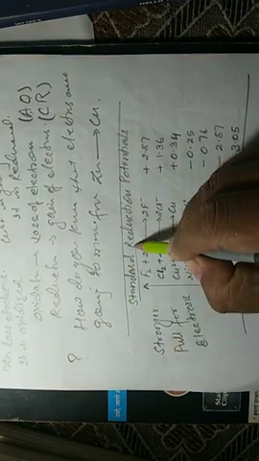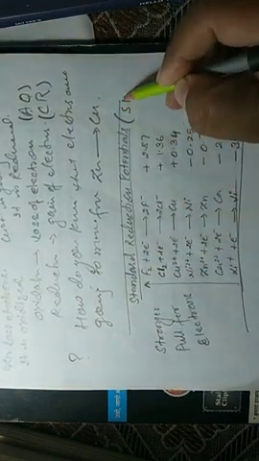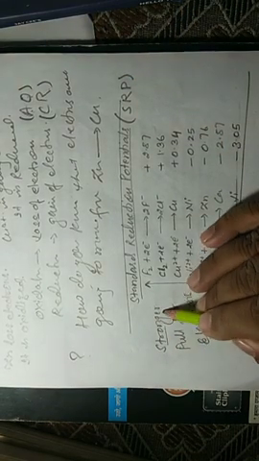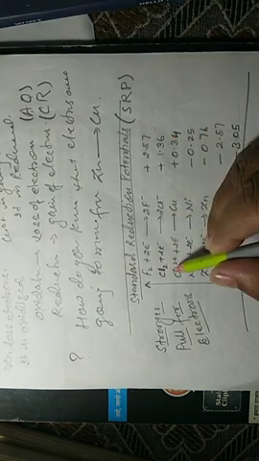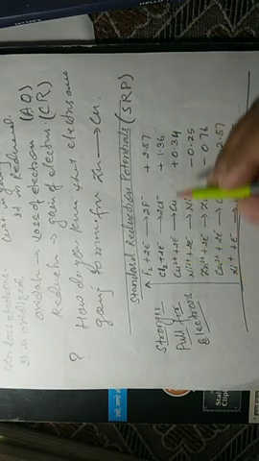That is standard reduction potential, SRP, and it shows the stronger pull for electrons. Fluorine plus 2.87, chlorine plus 1.36, copper 0.34, nickel minus 0.25, zinc minus 0.76, calcium minus 2.87, lithium minus 3.05.